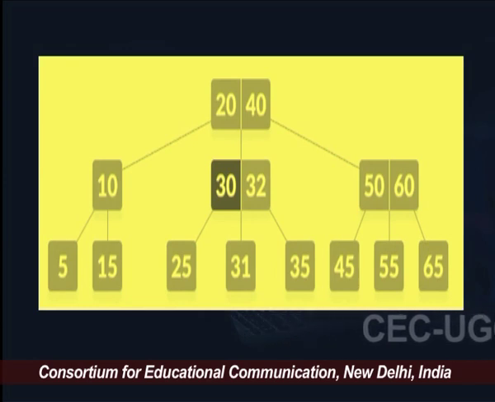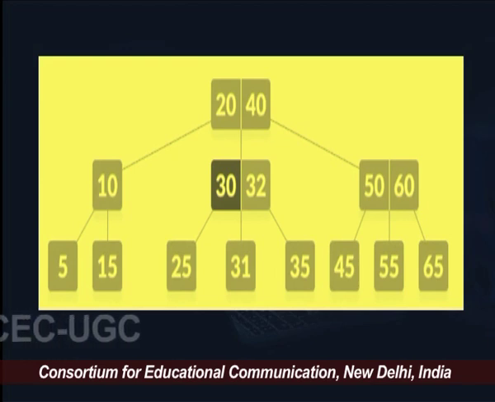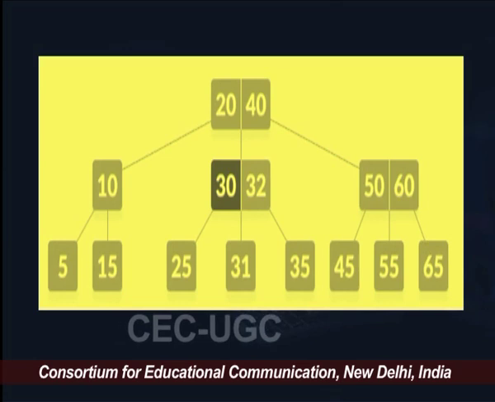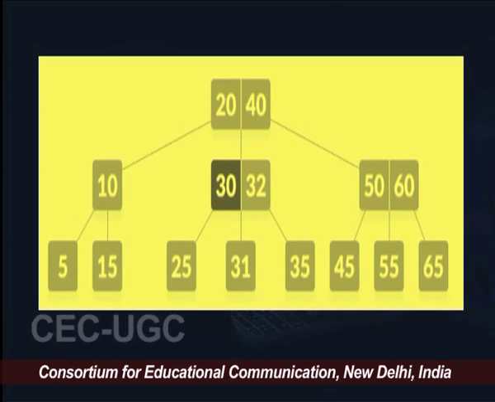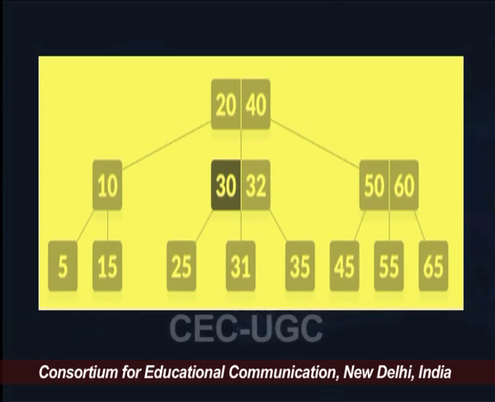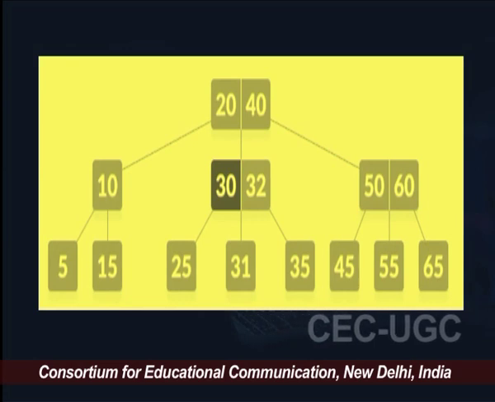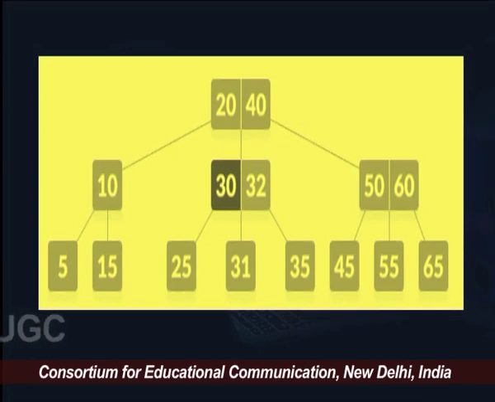Now, let us say we are going to delete 30. Looking at the in order predecessor, we have 25, which means the node having the in order predecessor is already at the minimum threshold. So we cannot carry forward 25 to the parent node. So what is to be done? We are going to merge the nodes.